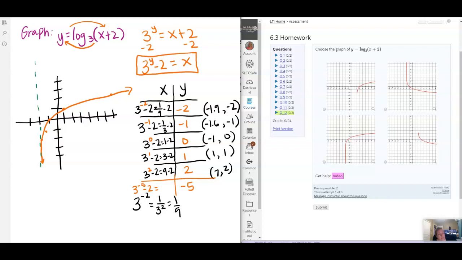And the way you can see that in your equation, right, if you look here, it's kind of like the opposite of what's inside that, you know. So -2 is where my asymptote is going to be. It's going to get really, really close to -2, but it's never going to cross it. Does that help?